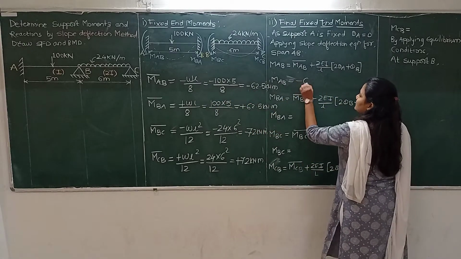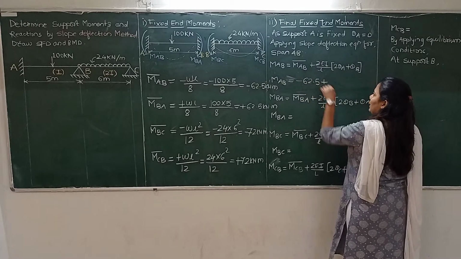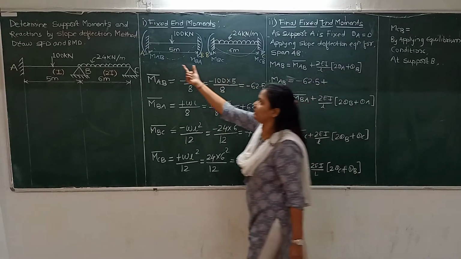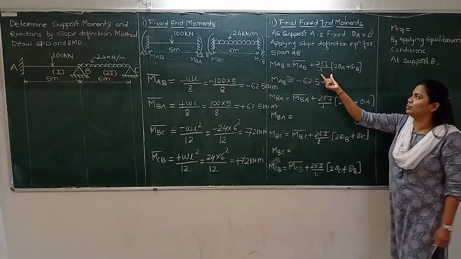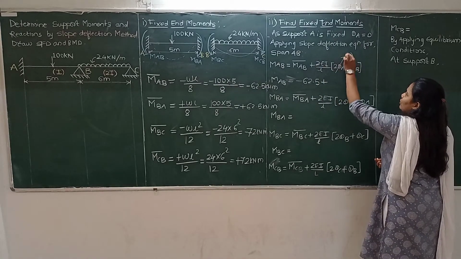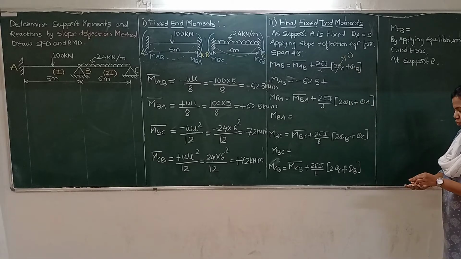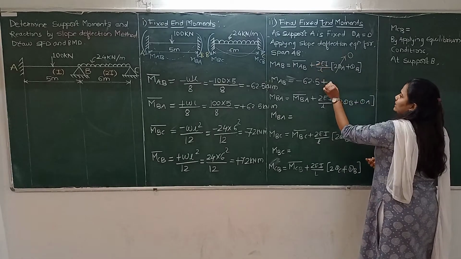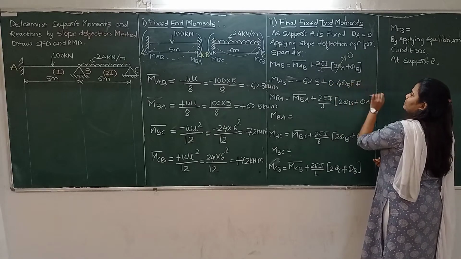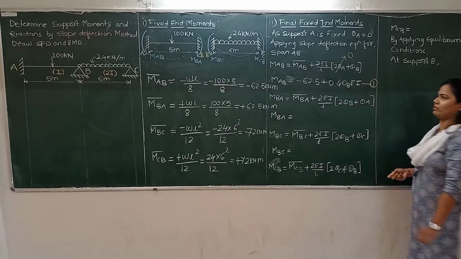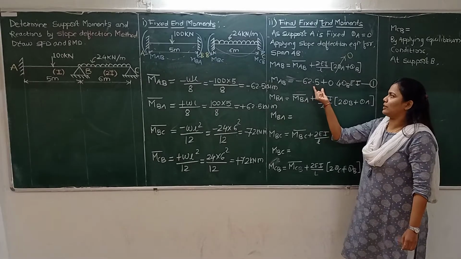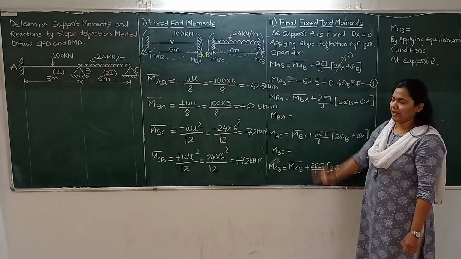So minus 62.5 plus 2EI by L, where the length of the AB span is given as 5 meter. So 2 by 5, and in the bracket theta A is 0, so this value comes to be 0. Only the theta B exists. So 2 by L, that is 2 by 5, that is 0.4 EI theta B. So this is equation number 1. MAB is equal to minus 62.5 plus 0.4 theta B EI.